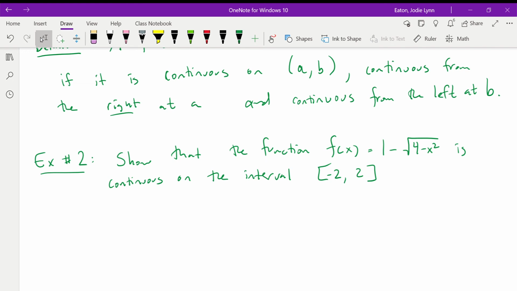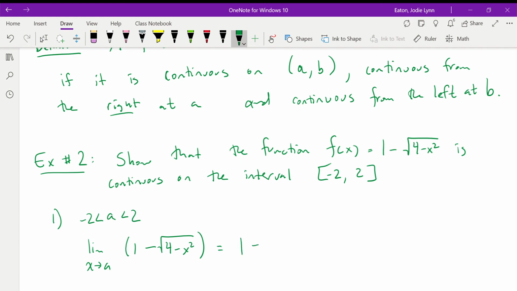So for a between -2 and 2, the limit as x approaches a of 1 minus radical 4 minus x squared is equal to 1 minus radical 4 minus a squared.